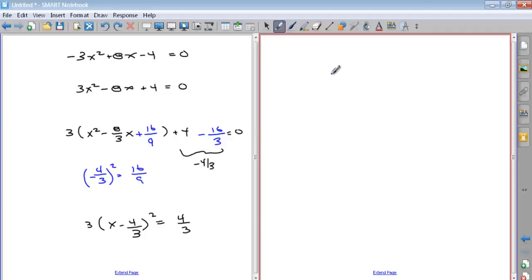Then we divide both sides by 3, so you get x minus 4 thirds squared is equal to 4 ninths. Then we take the square root, so you get x minus 4 thirds equals plus or minus the square root of 4 ninths. Well, the square root of 4 ninths is 2 thirds, so we get plus or minus 2 thirds.